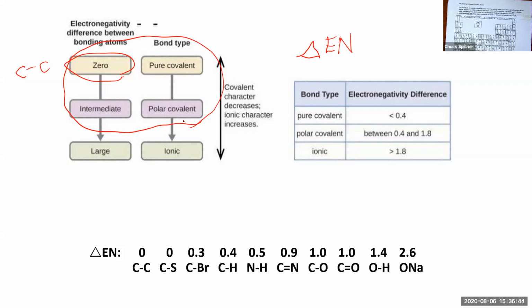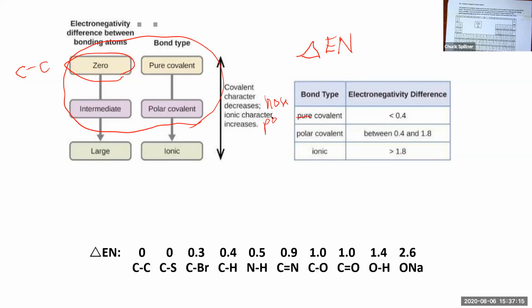So on the right, it shows how you distinguish between these classes of polarities in chemical bonds by the electronegativity difference. And this scale is somewhat arbitrary. In your book, less than 0.4 is what I would call a non-polar covalent bond, not a pure covalent bond, but a non-polar. A pure covalent bond is non-polar.